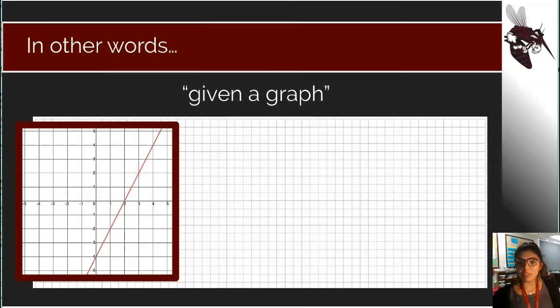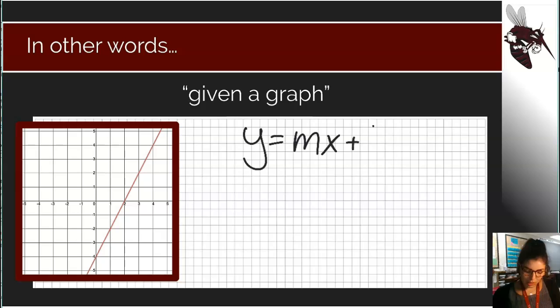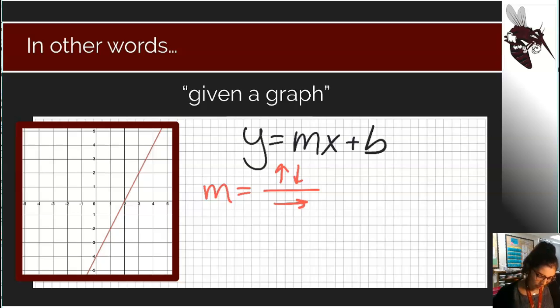Now this can also be given to you in a graph form. Again, we want to find the slope and the y-intercept to plug in here. Using previous skills, we know that the slope is the rise over the run, or y2 minus y1 over x2 minus x1. Here's a point, there's a point. To find the slope, I went up 2 and I went over 1 to the right, so I'm going to have a rise of 2 over 1 or 2.